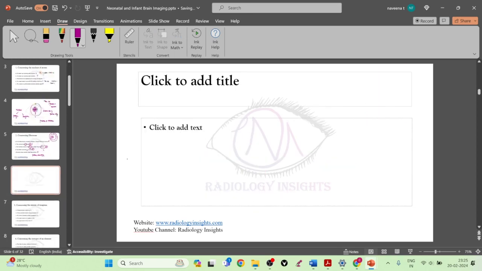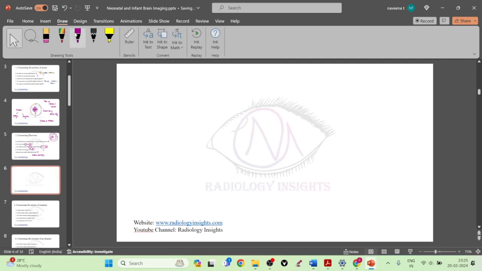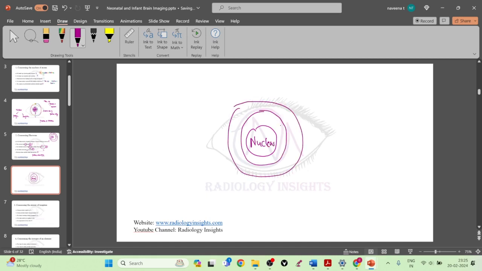So, the important thing is that in the Bohr model of atomic structure, there is a nucleus, and surrounding the nucleus there are many orbits, and in those orbits the electrons are situated. These are the electrons.